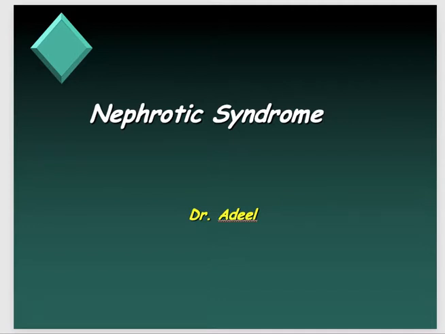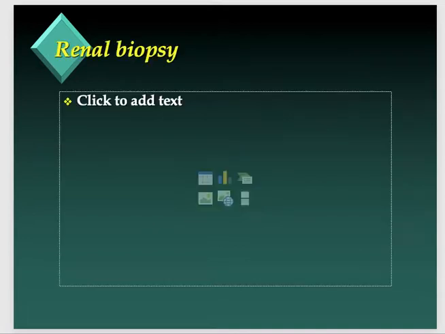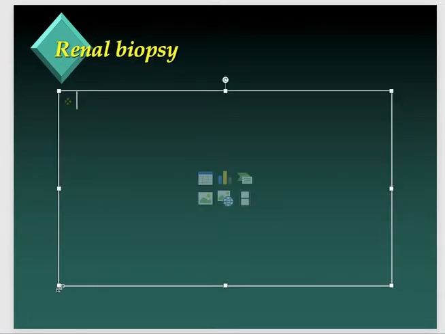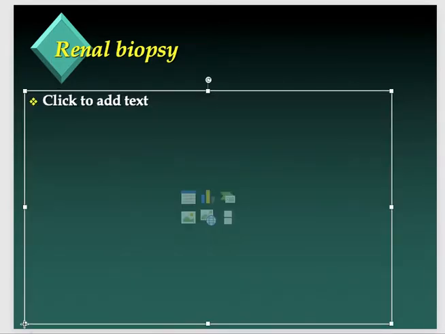So I will start my story with renal biopsy because renal biopsy is such an important procedure. Without that, we cannot reach the final diagnosis, whether it's nephrotic or nephritic, but what kind of nephrotic or nephritic syndrome, right? So we cannot reach the diagnosis. So I would start my story with renal biopsy.